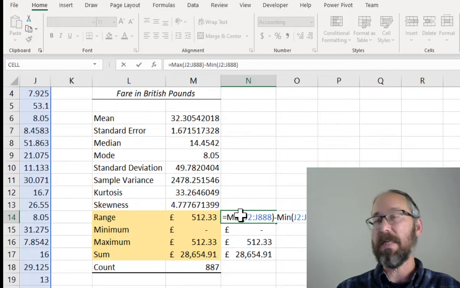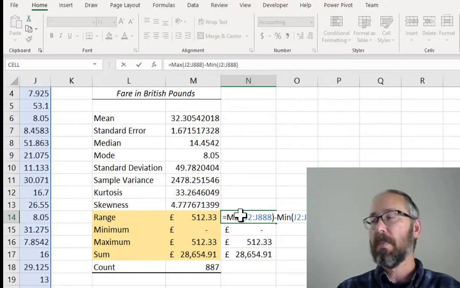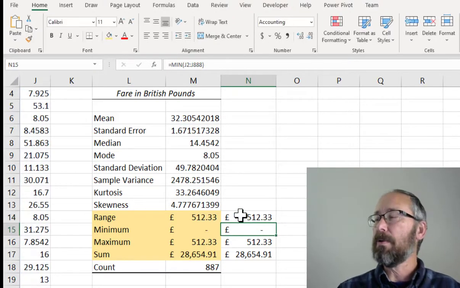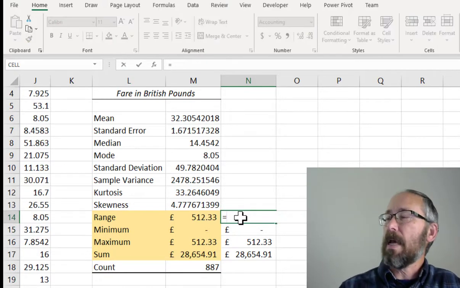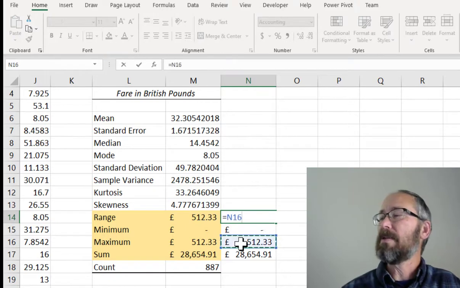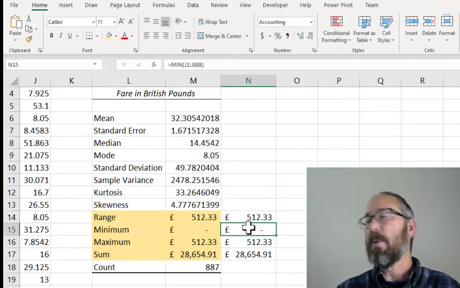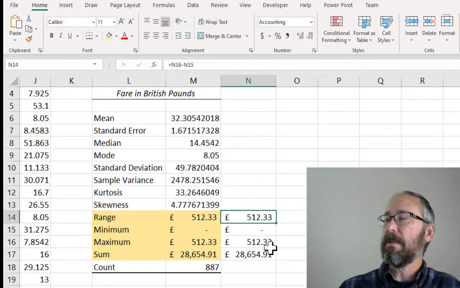I've already typed in the formula for max and the formula for min, so normally I would simply point at those cells. In this case, I want to show you how I'm doing this, and so I would do it this way. But normally I would simply say equals that cell minus that cell, and I would come up with the same value. That way, if I had made a mistake or I wanted to change something down here, it would be reflected in this.